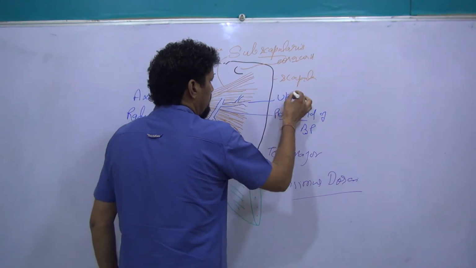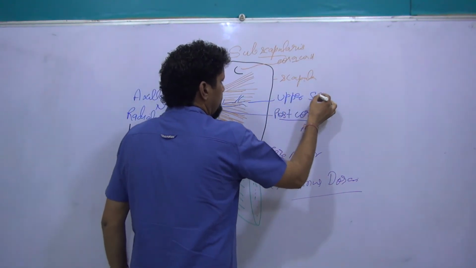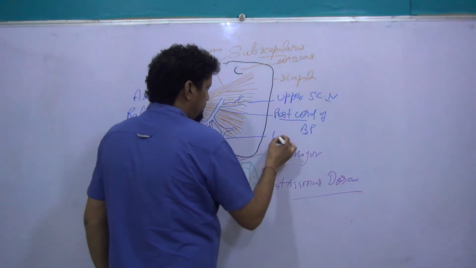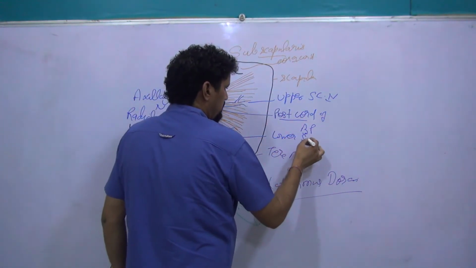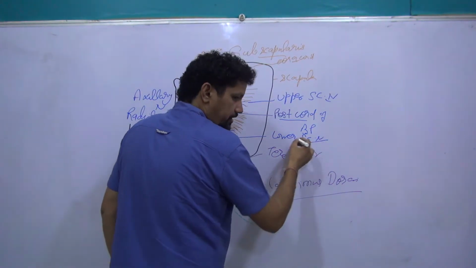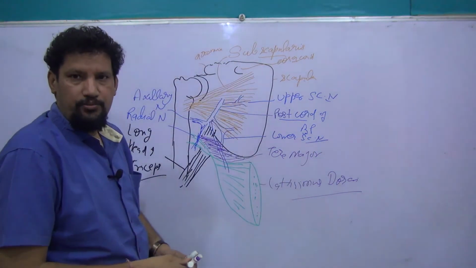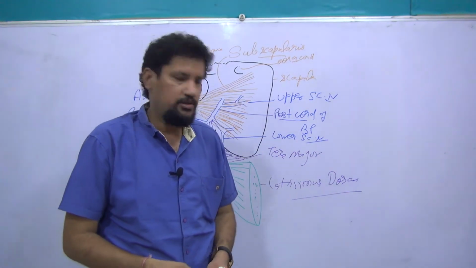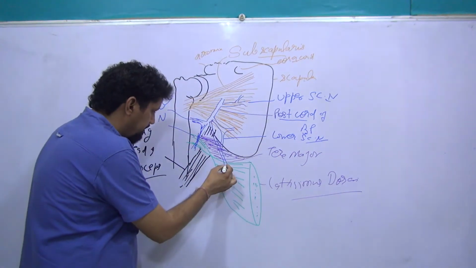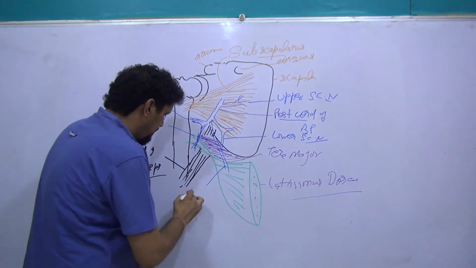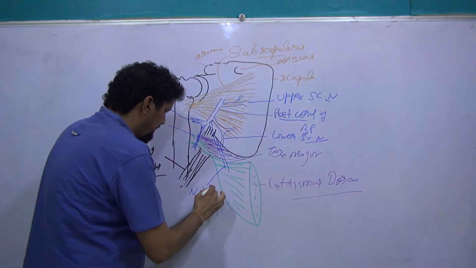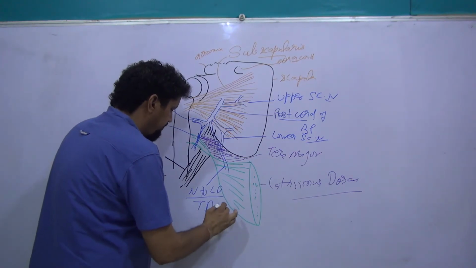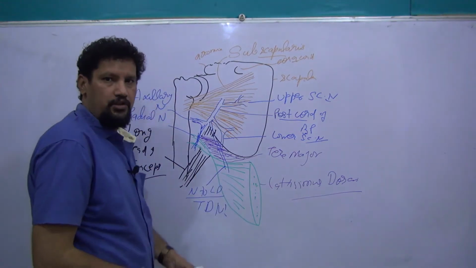upper subscapular nerve, the lower subscapular nerve which is innervating the lower part of the subscapularis muscle as well as the teres major muscle, and the nerve to latissimus dorsi, also known as the thoracodorsal nerve.